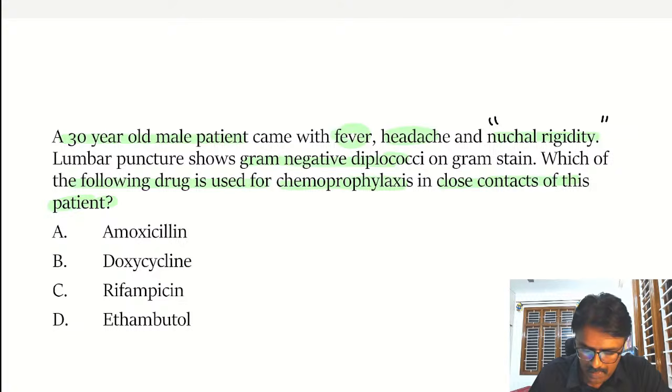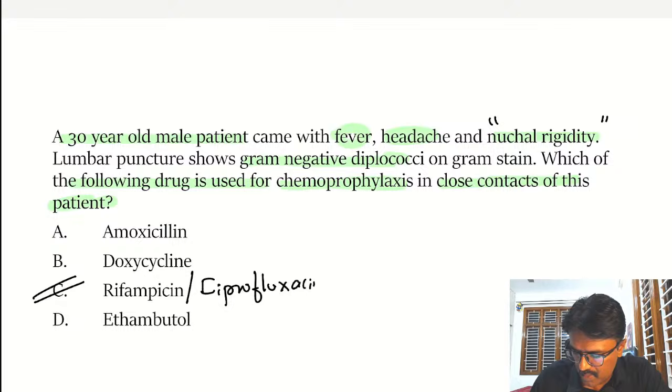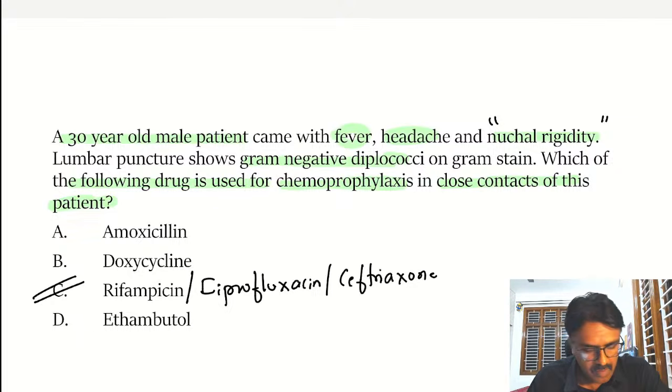The prophylactic drug is rifampicin, or you can use ciprofloxacin or ceftriaxone. This is a repeatedly asked question.